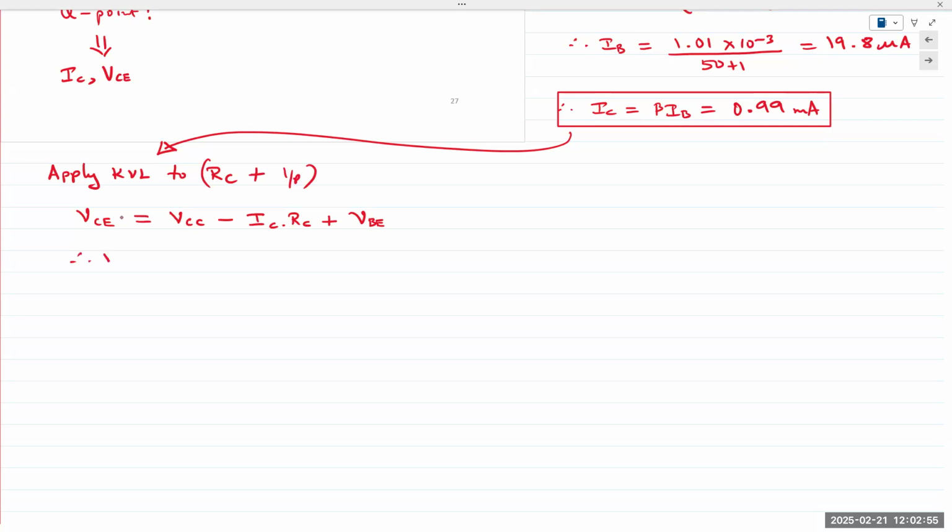All right, so VCE would be equal to 9 minus IC, which is 0.99 milliamps, times 4300, plus 0.7. And therefore, VCE would be equal to 5.44 volts.